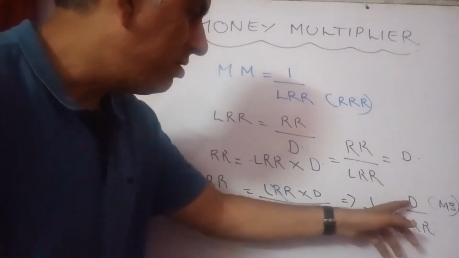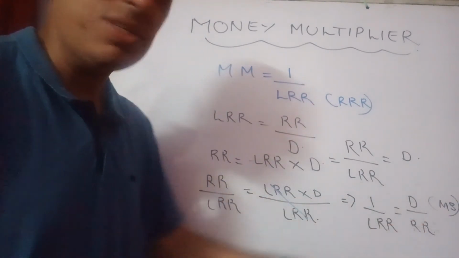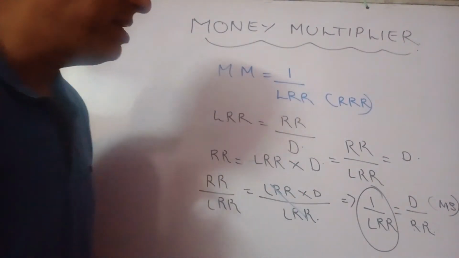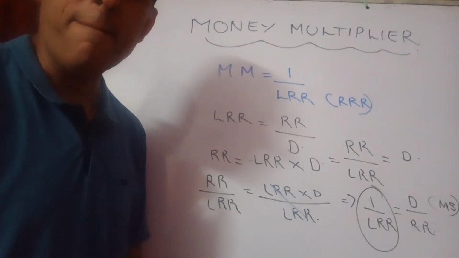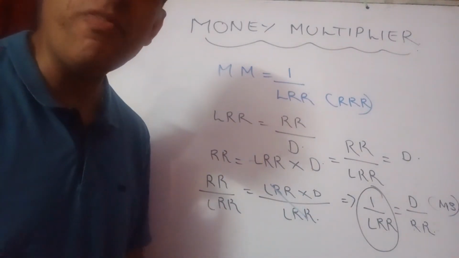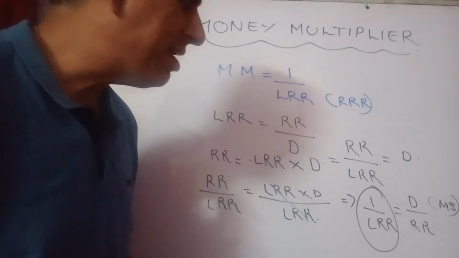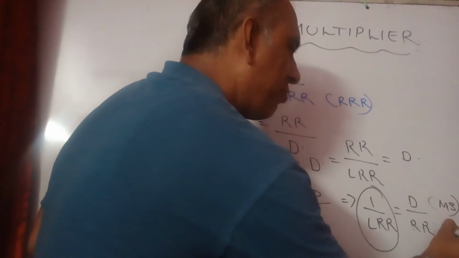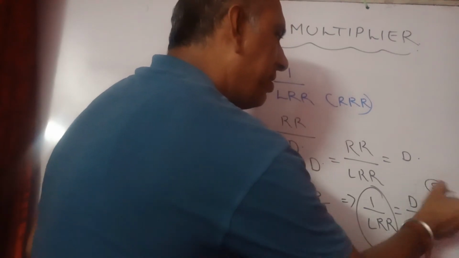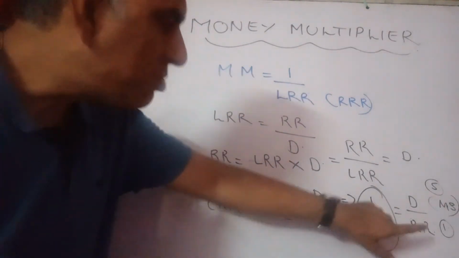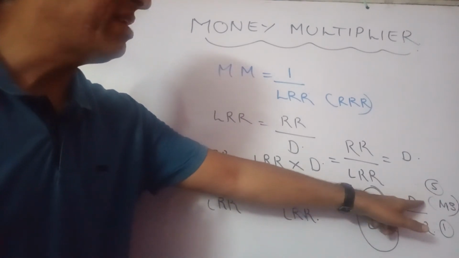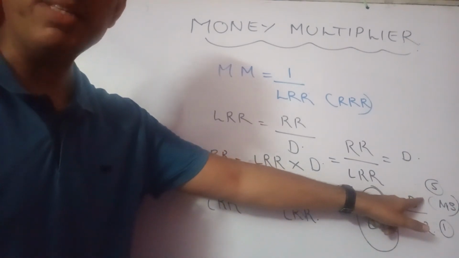Am I clear? Now, if that is what it is, then this side of the equation is nothing but representative of the value of money multiplier. Now, assuming that required reserve is rupee 1 and deposits are 5, that means 1 rupee of required reserve is able to generate 5 rupees of deposits or money supply.